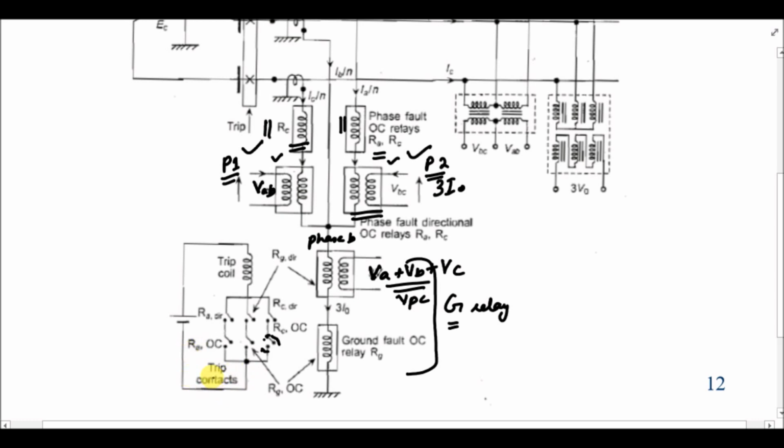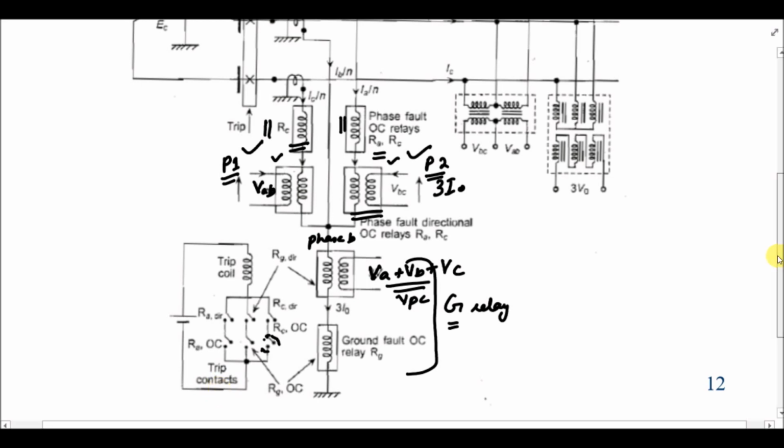Similar is the case for the ground relay. If the directional element is not operating, then the overcurrent relay, whether it is operated or not, will not have any effect on the trip contact signal, right?